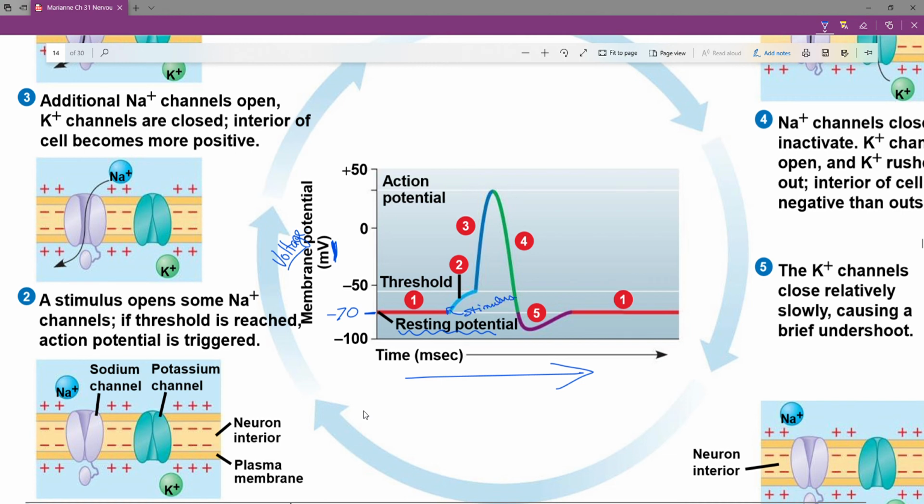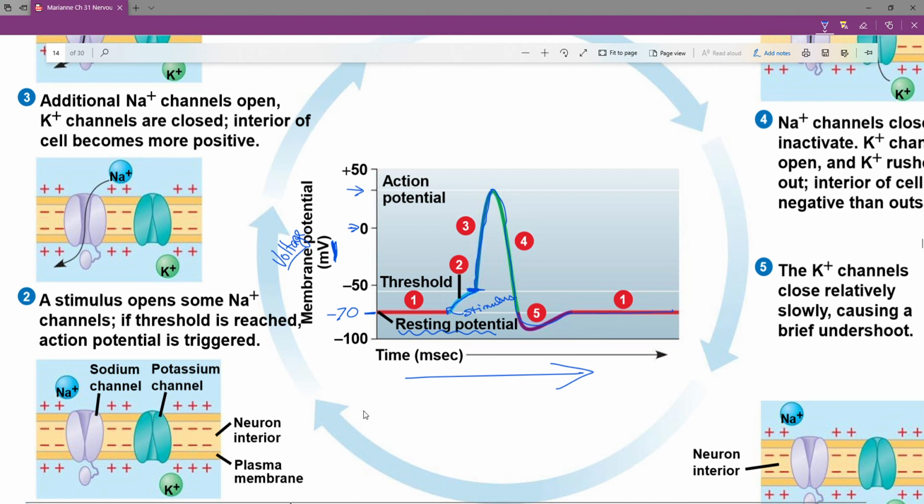That's going to alter the permeability of the membrane up to a threshold level, like the last note said. If we get to that threshold level, then we're going to have a rapid change in the potential difference, up past where the charges are equal to where the neuron is actually more positively charged than outside, and then a return back down to the original.